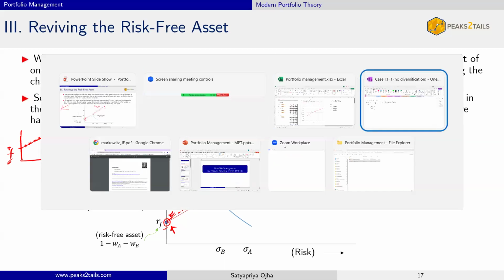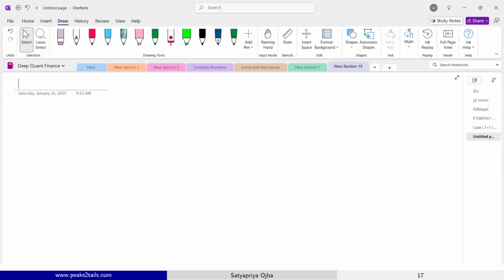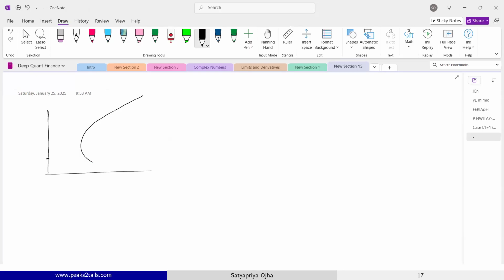So let me plot it here. With the two risky assets A and B, I have a nice hyperbolic profile. My risky portfolio can be anywhere on this hyperbola, right? And then I'm mixing that risky portfolio, which is not just one. It can be any risky portfolio on this hyperbola. This is one risky asset. I'm combining this risk-free asset.